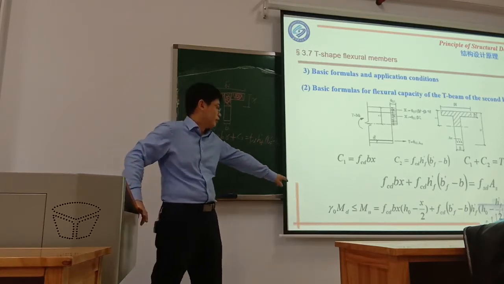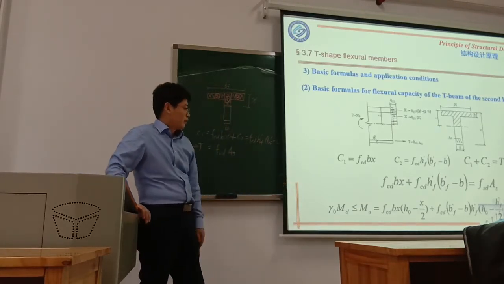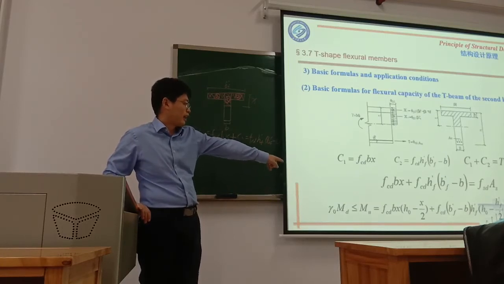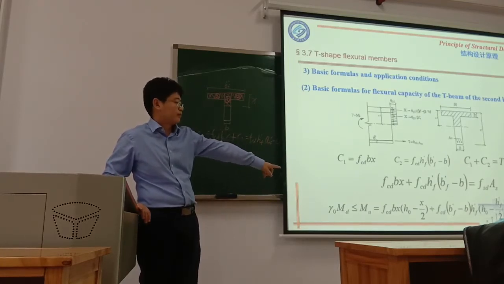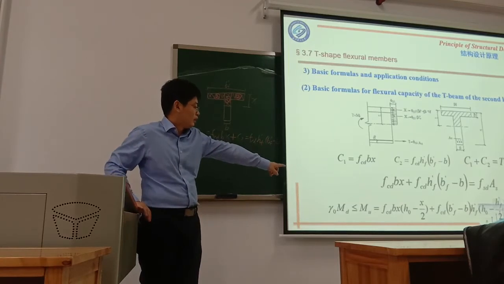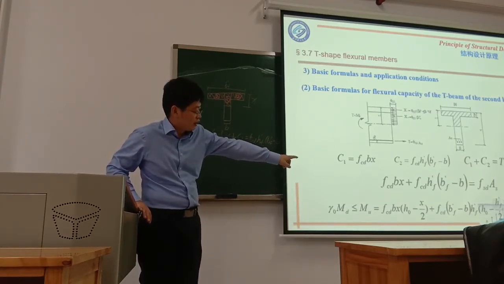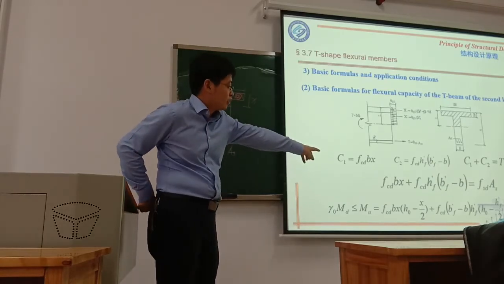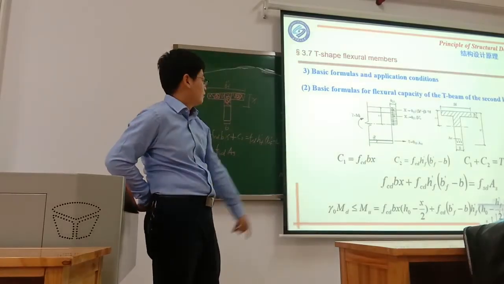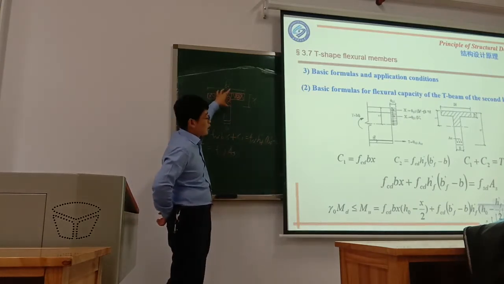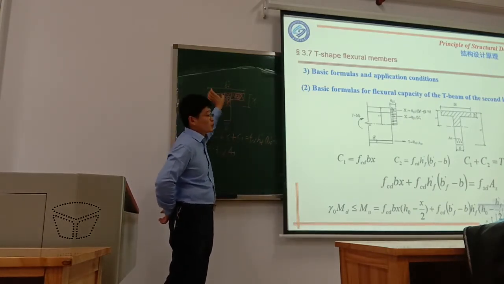And for the moment balance, FCD B x (H0 minus half x) is the same as FCD (BF prime minus B) HF prime (H0 minus half HF prime). This is because the compression force we divide into two parts.